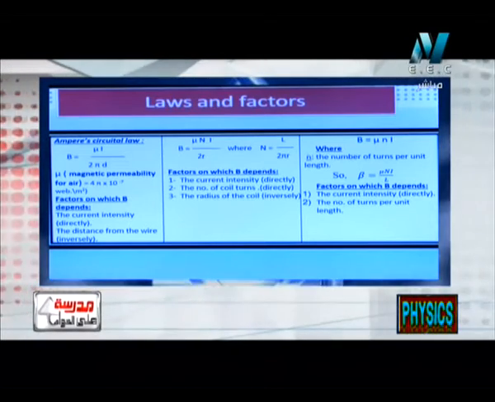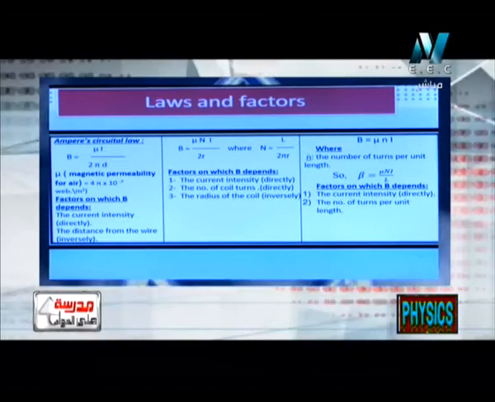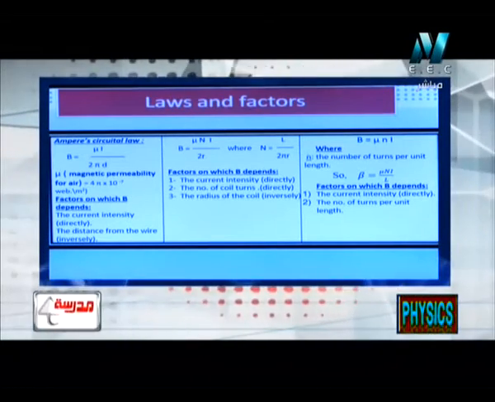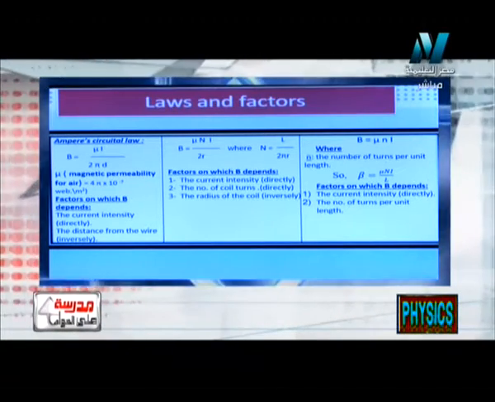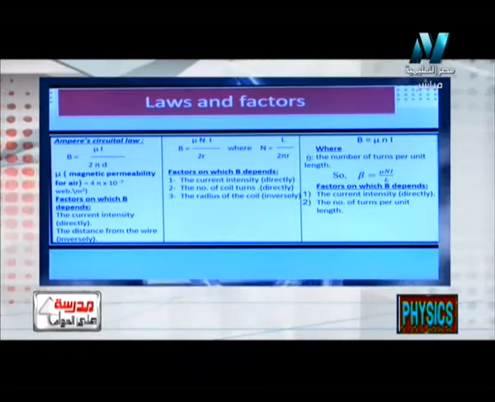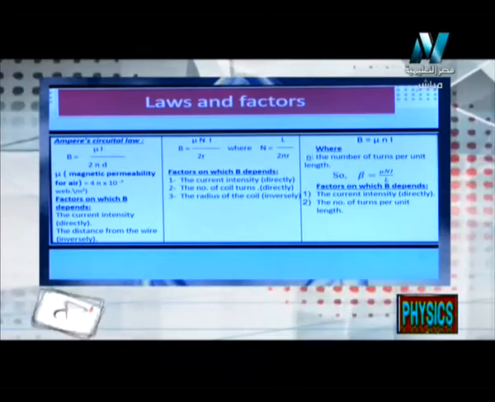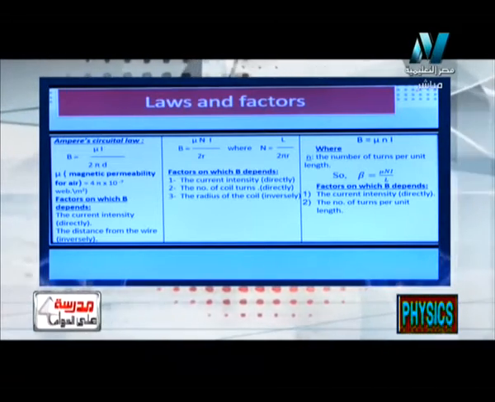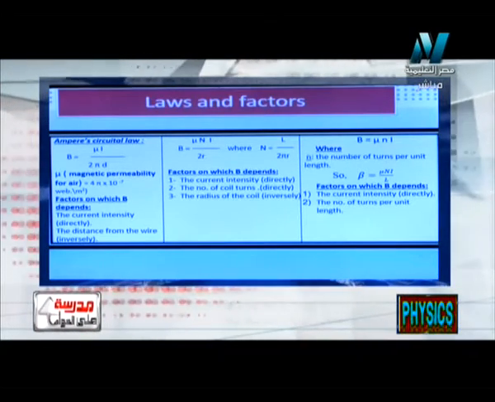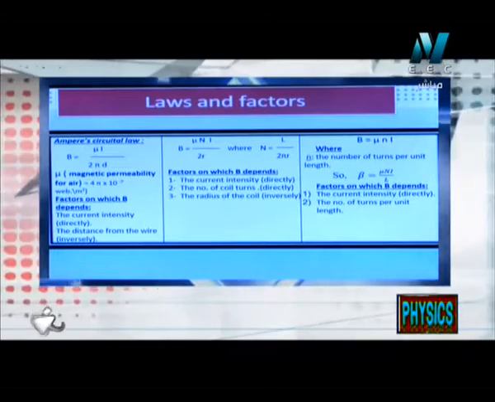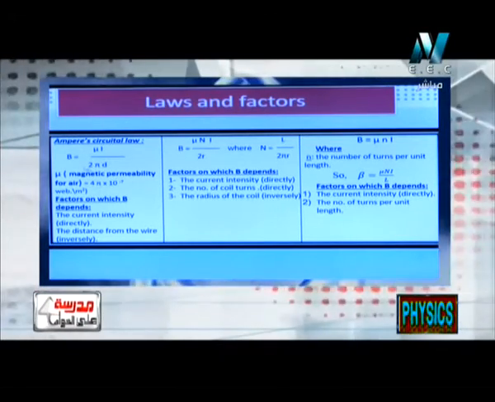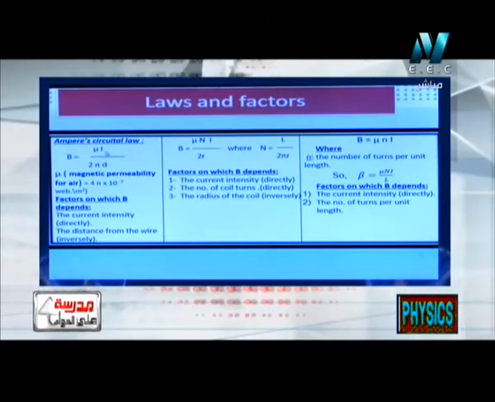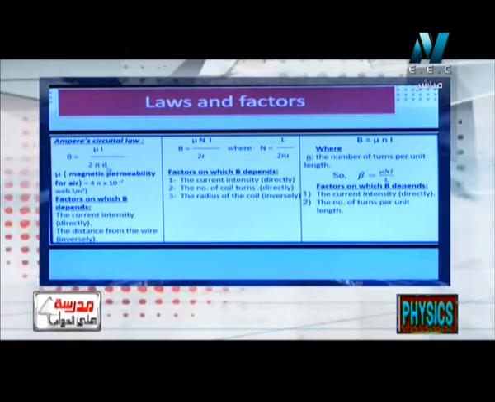The magnetic permeability here for air is 4 pi multiplied by 10 power negative 7 Weber per meter squared. Of course, you know that I is the current intensity. D is the distance away from the wire which carries a current. Here, from the rule, beta equals mu I over 2 pi d.